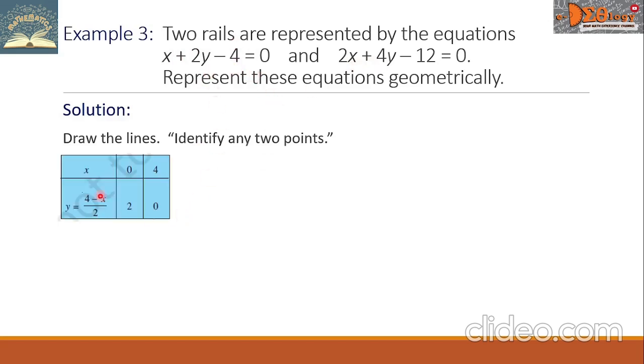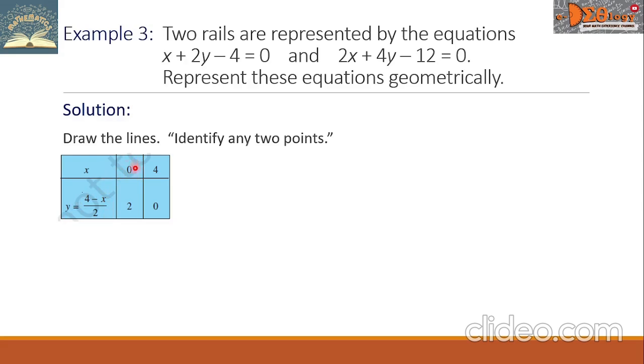For the first equation, we have this table. We have the row for x, we have the row for y. For this equation here, we rearrange the first equation in such a way that y is alone on the left side. So we have y equals 4 minus x over 2. Then we assign 0 for x.